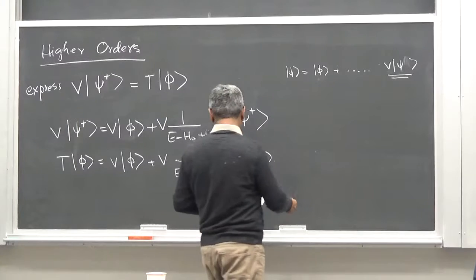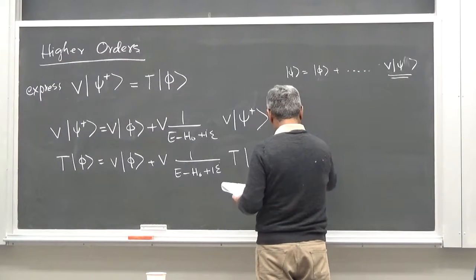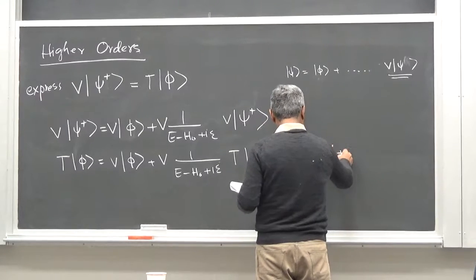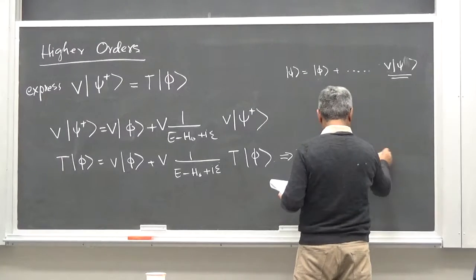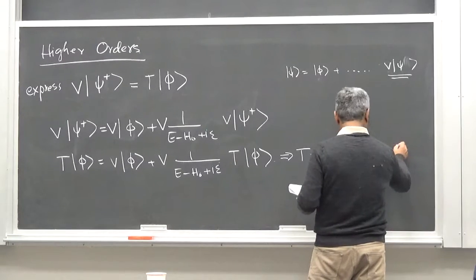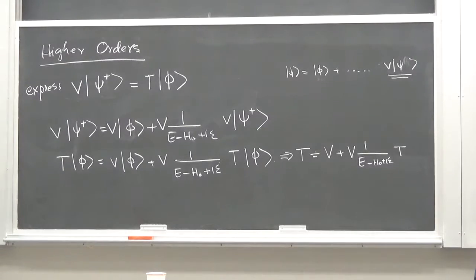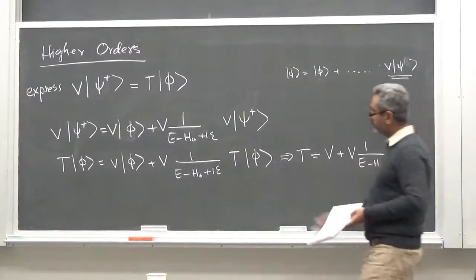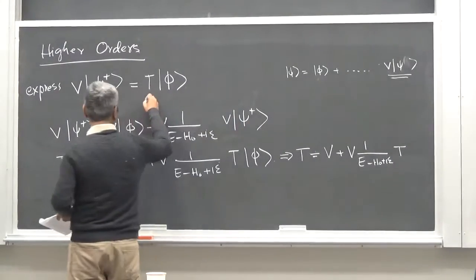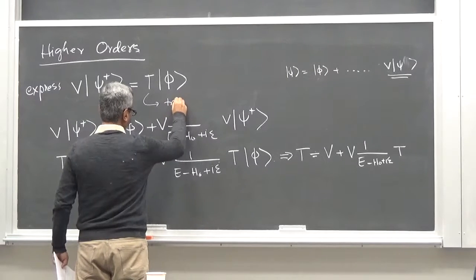Here is what I'm going to claim: this implies that T is equal to V plus V 1 over E minus H naught plus I epsilon T. And T is just defined by this equation. So if you're asking for the name, this is called the transition operator.